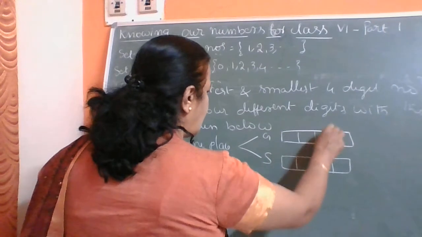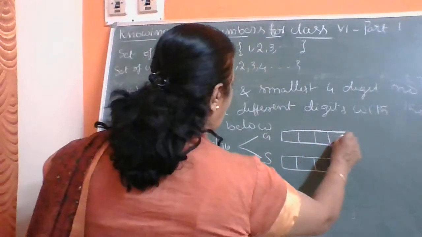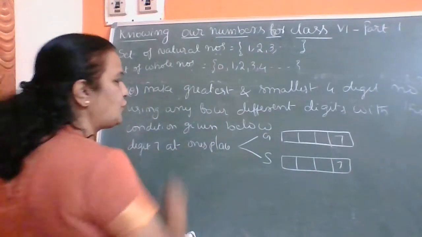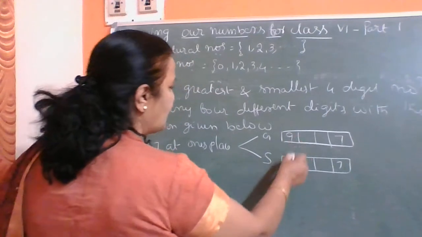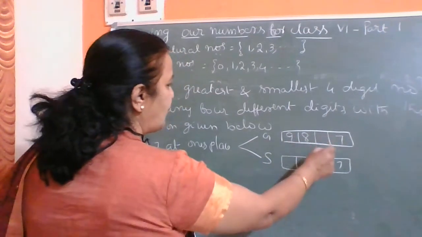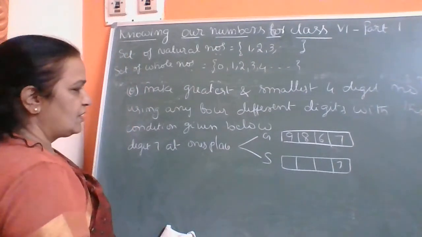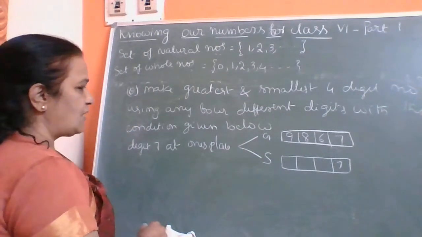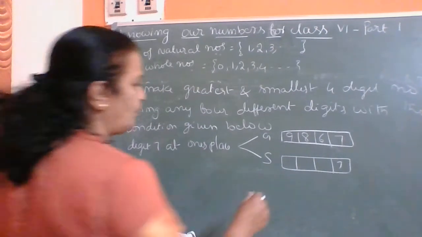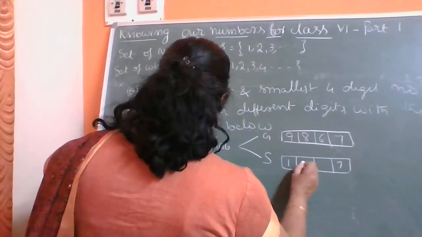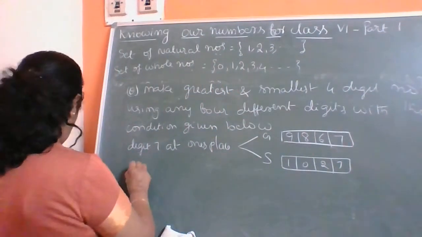You are making a 4-digit number. 7 should be in the ones place, and it will start with 9 and then 8, and 7 is there already, therefore it is 9867. And the smallest number cannot start with 0, therefore it is 1027.